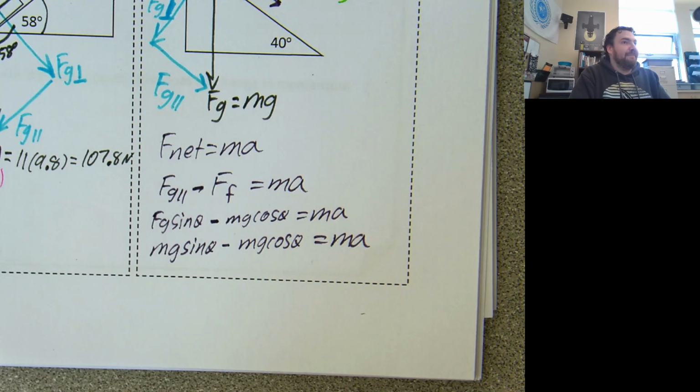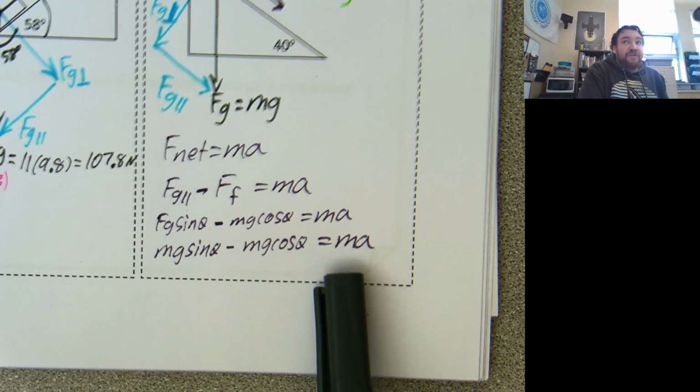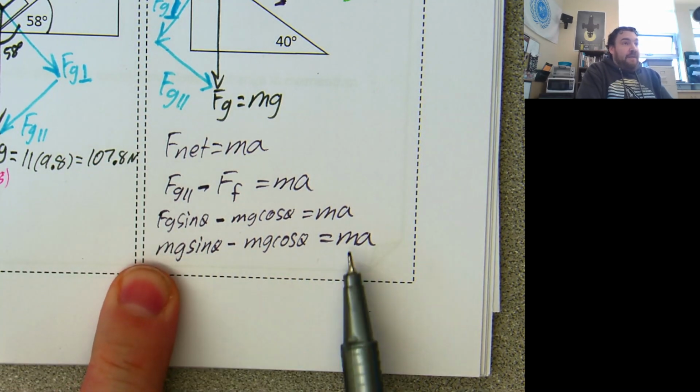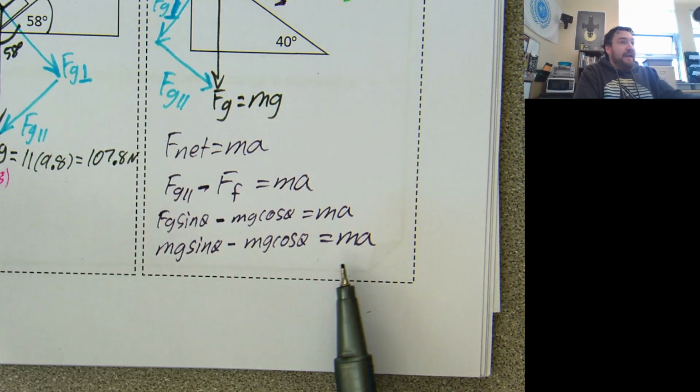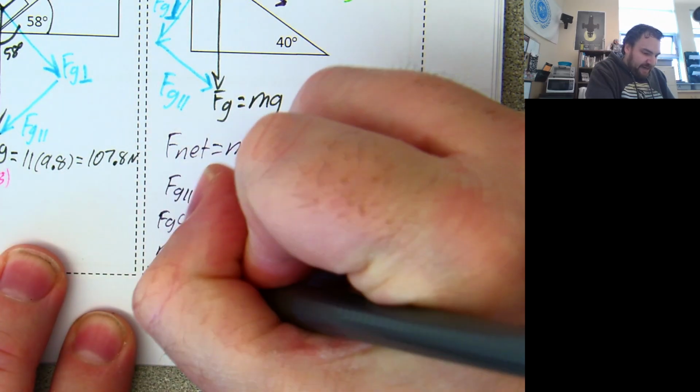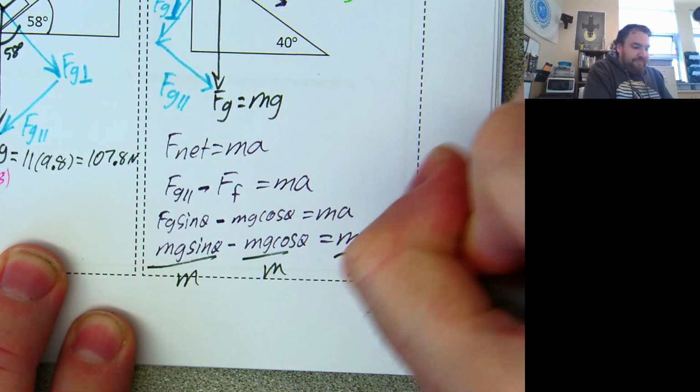I feel that. What can I cancel, Dwayne? All the M's, not the G's. Because I have a G just in these two, but I don't have a G over here. But I've got an M here, an M here, and an M here. I can divide every term by M. Divide by M, divide by M, divide by M.